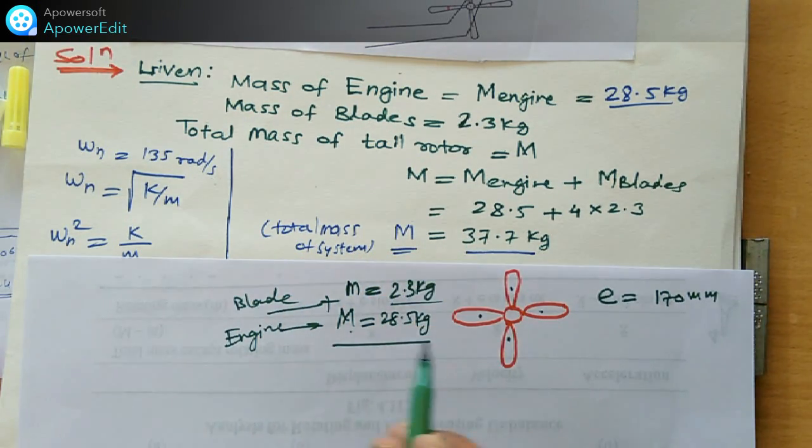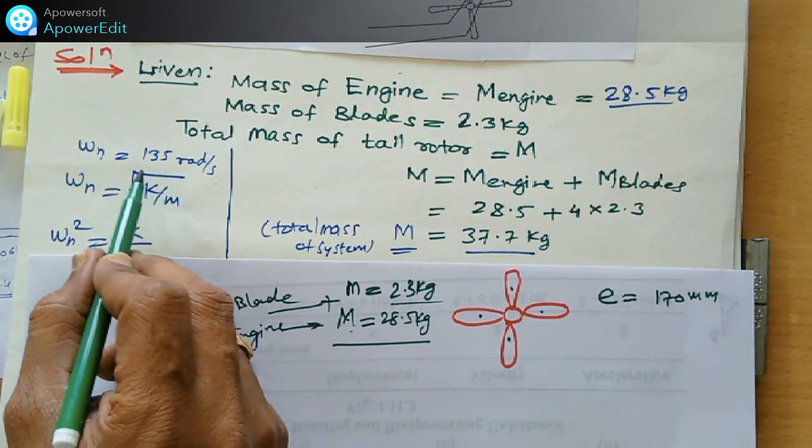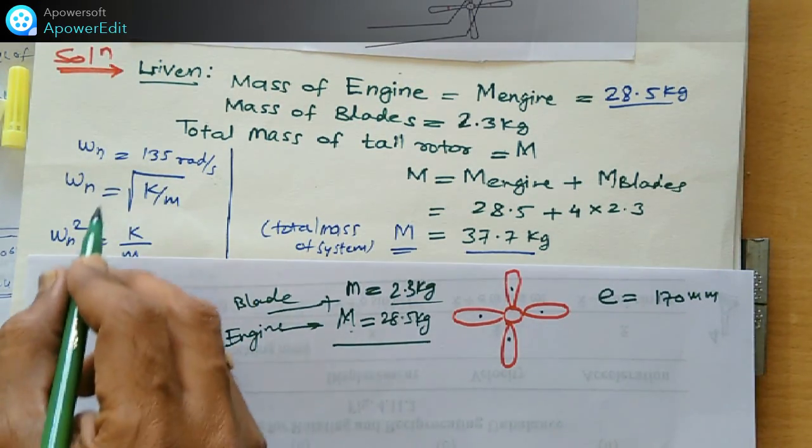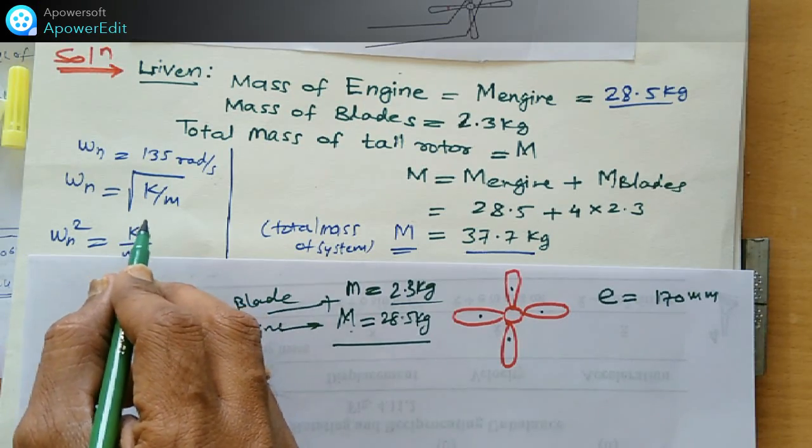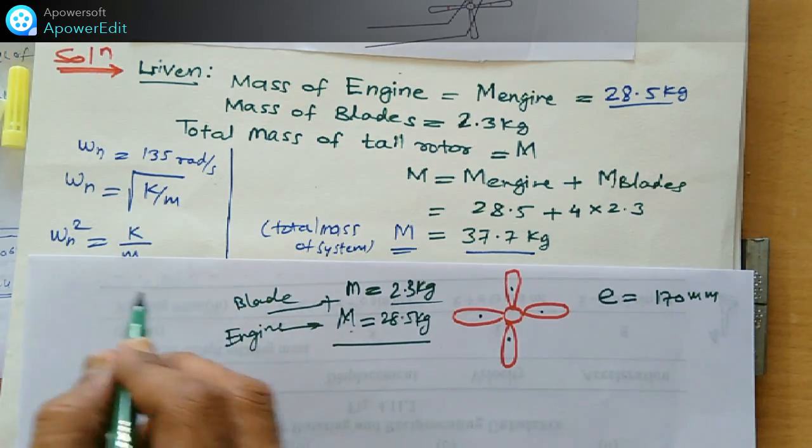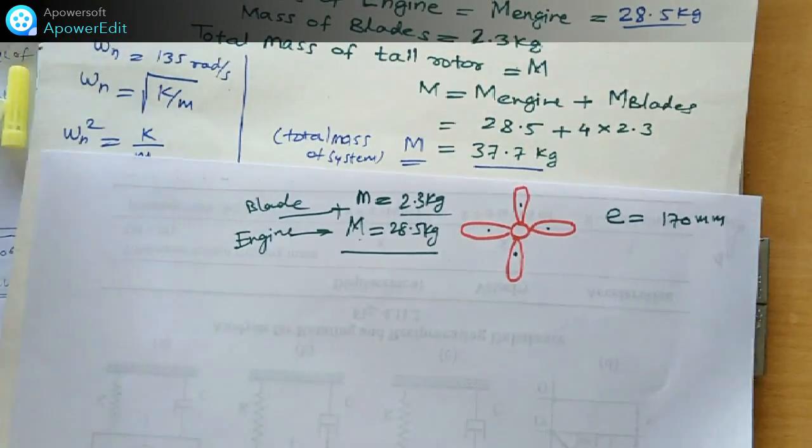What is also given here? Omega n is given to us. We can find out the stiffness K. How to find the stiffness?